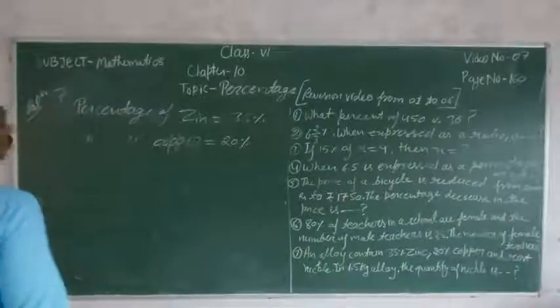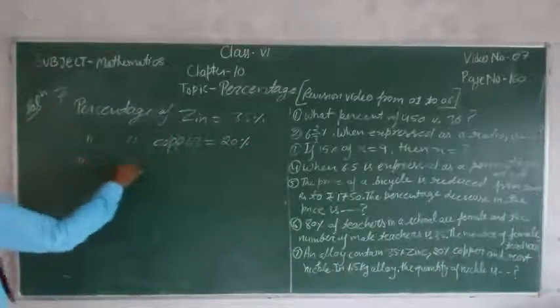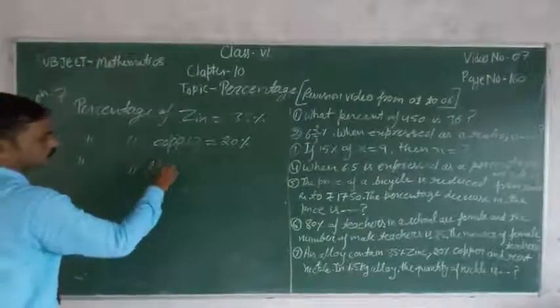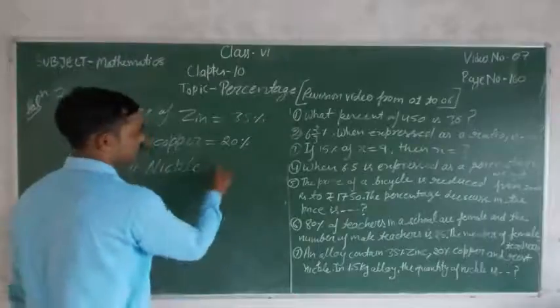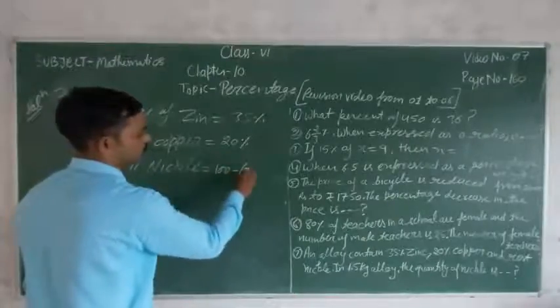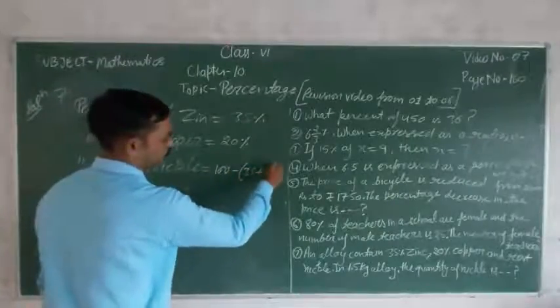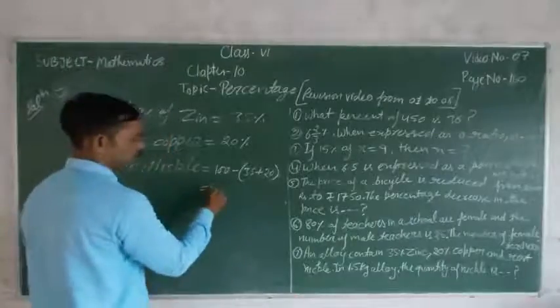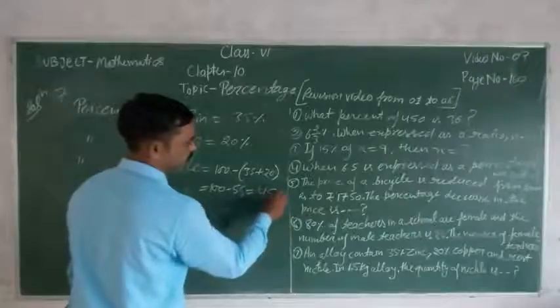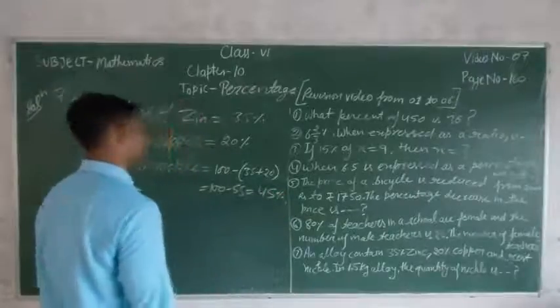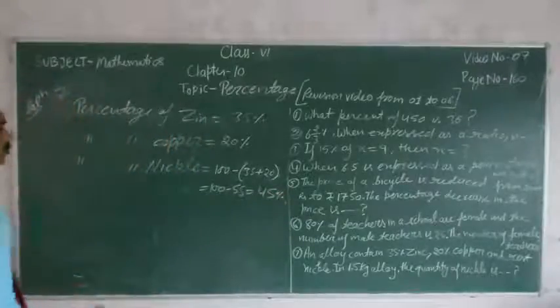Now percentage of nickel, that is 100 minus (35 plus 20), 100 minus 55, 45%.